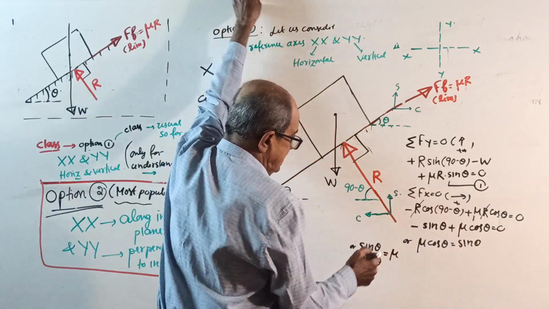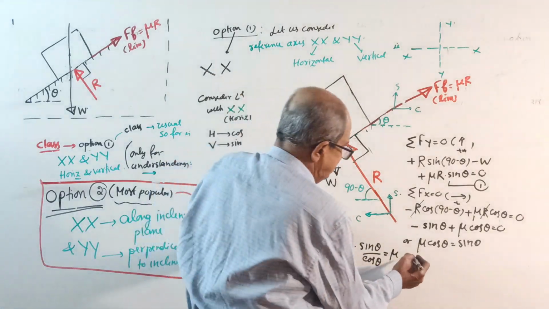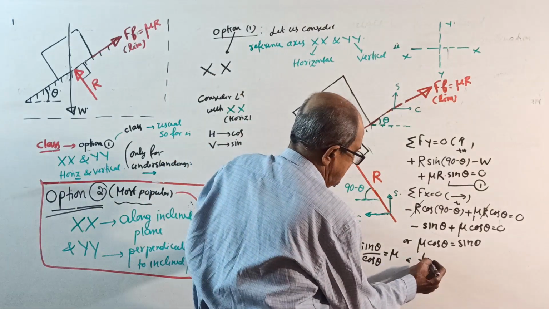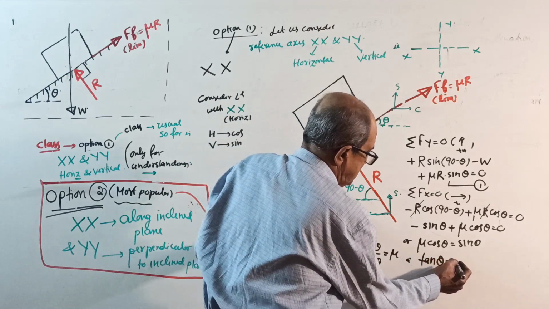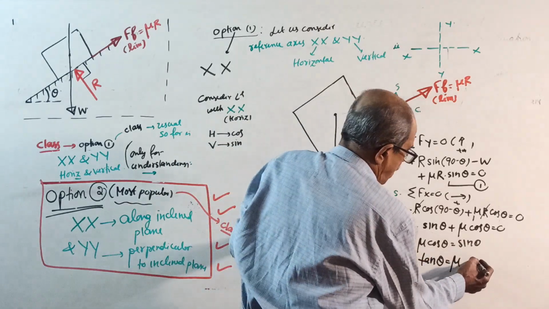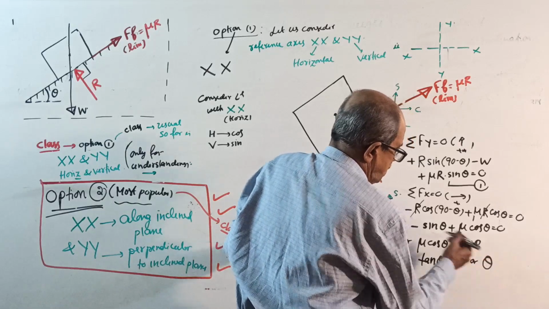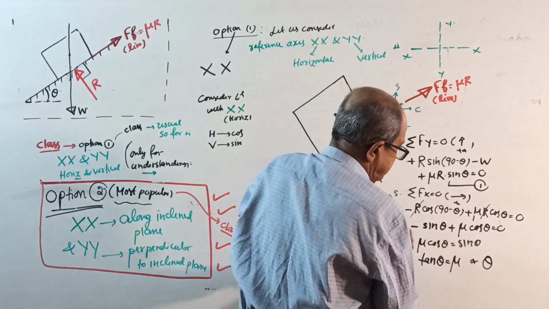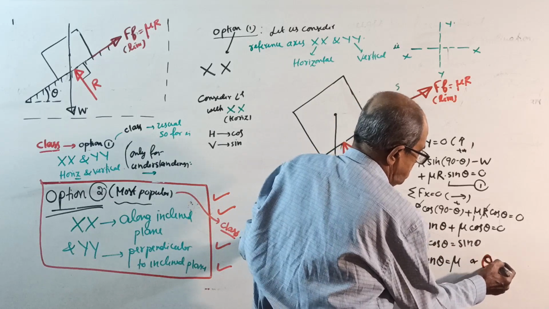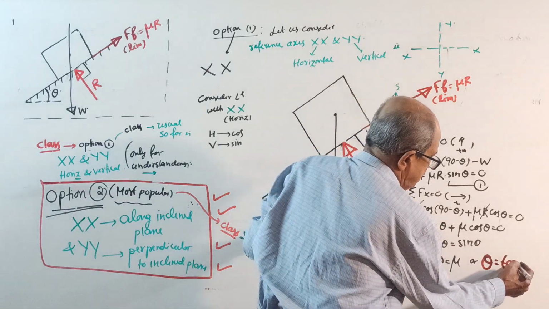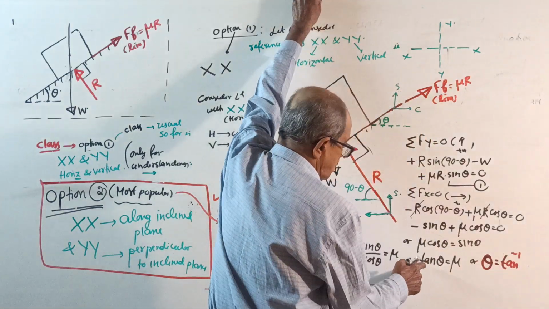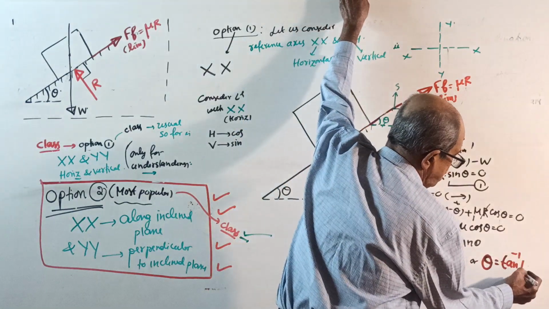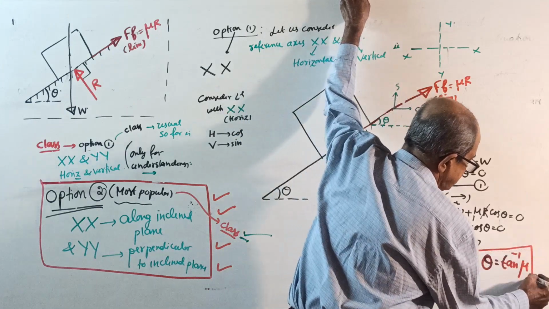But we know that sin theta by cos theta is tan theta. That is tan theta equal to mu, or theta equal to tan inverse of mu. This is the answer.